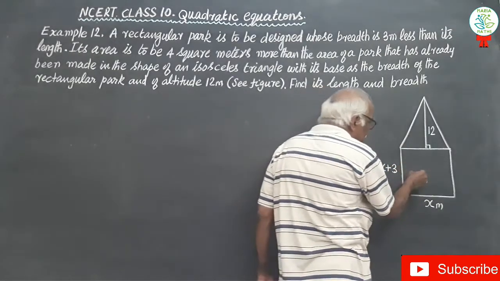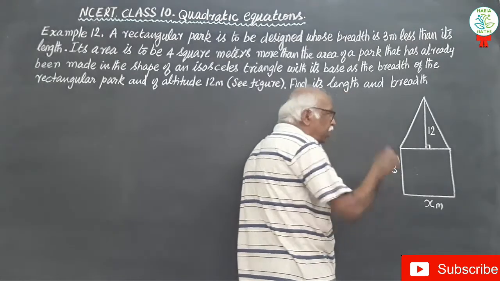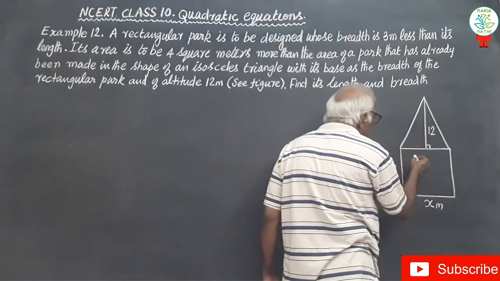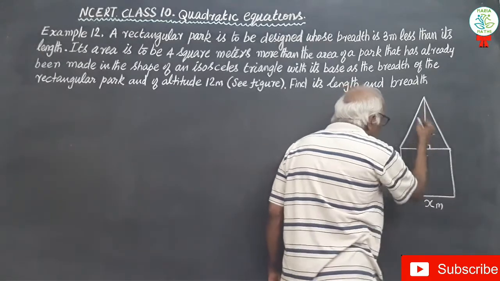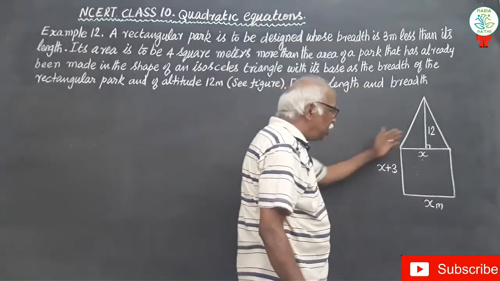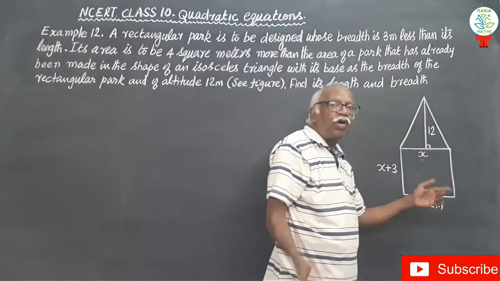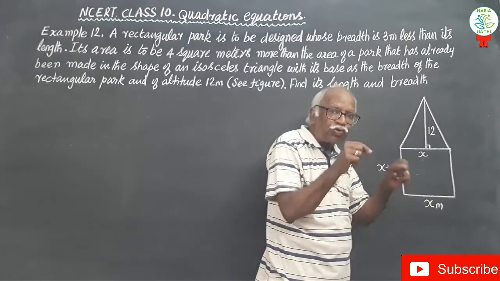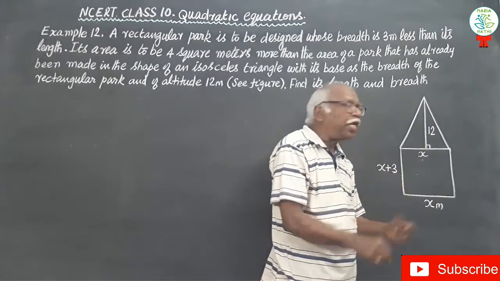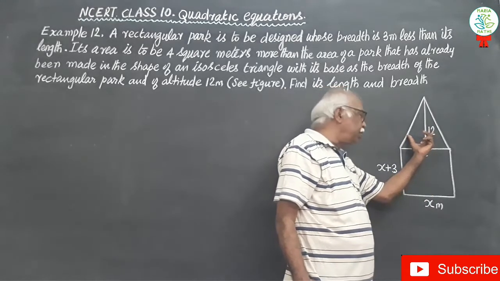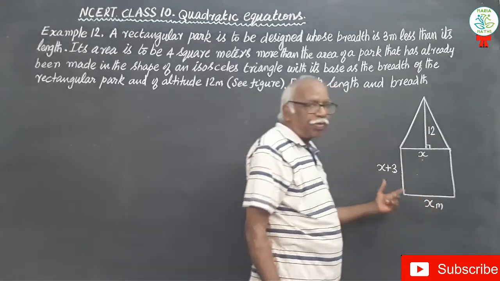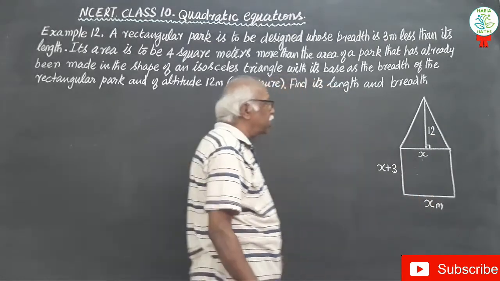The area of the rectangular garden is 4 square meters more than the area of the isosceles triangle whose base is the breadth x meter and altitude is 12 meters. Then we have to find the length and breadth of the rectangle.